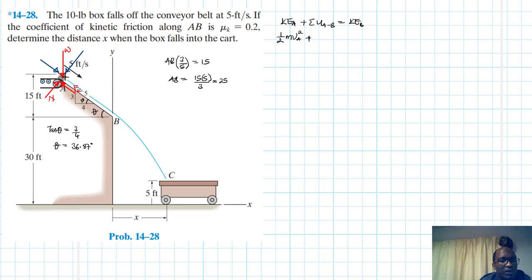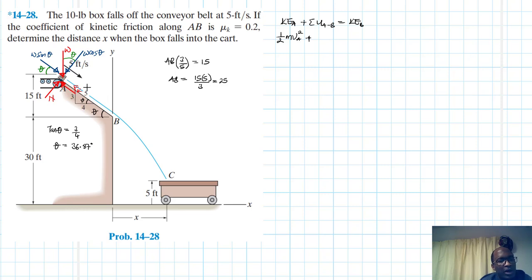So if this angle here is theta, this is 90 minus theta, therefore this one is going to be theta. If that is the case, this just becomes W cos theta, and this one is W sin theta.